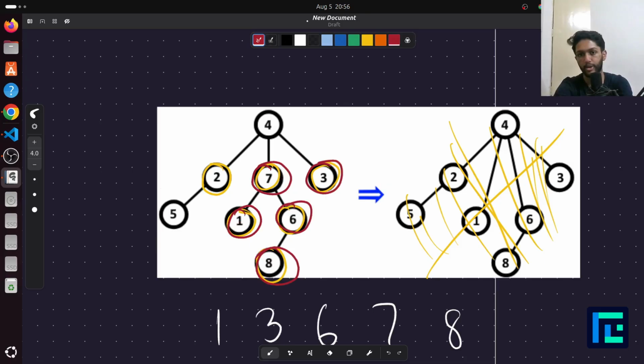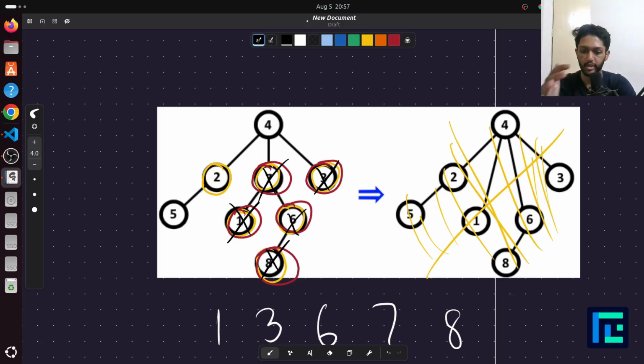So what will I do? In my order, I will of course delete this 1 first because it is the lowest. And after deleting this 1, only these will be deletable according to my claims. Then I'll delete this 3, then 6, then 7, and then 8. So essentially, you just have to figure out which vertices are deletable initially, and then print them in ascending order, because that set never changes.